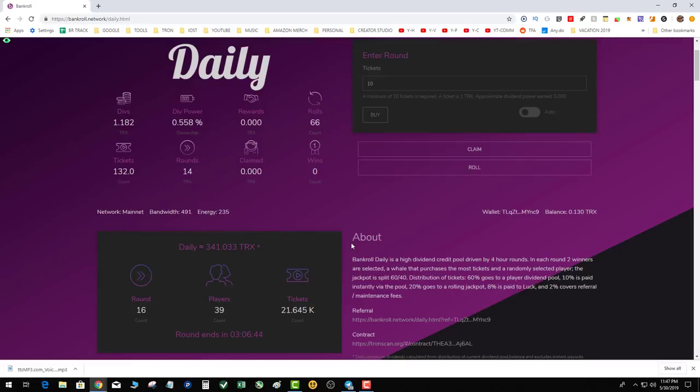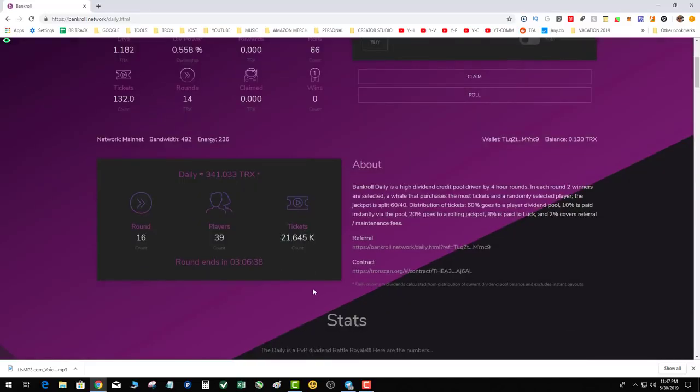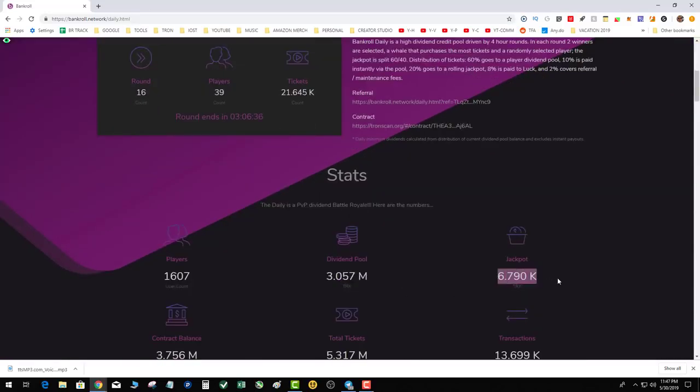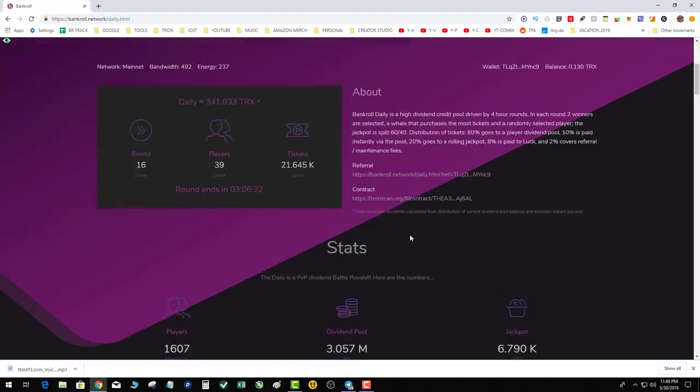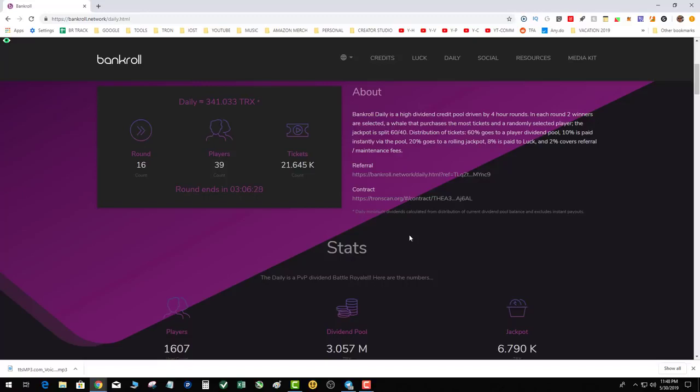And you're like, well, why is it broken into rounds? That's a great question. It's broken into rounds because there is always a jackpot going out, which is split between the top ticket purchaser in the round and also a random person. It's a 60-40 split, as it says.